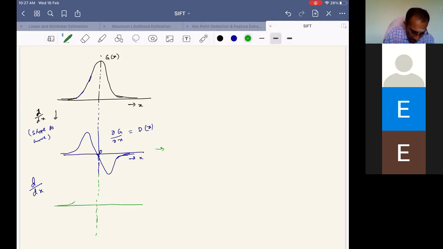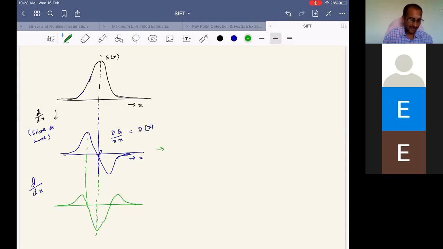The slope will be 0, then increasing, and then 0 here. Exactly here it will be 0, and then here the slope is maximum. Then again 0 here, and then it increases, and goes like this.